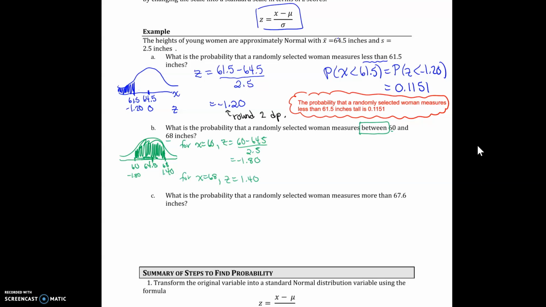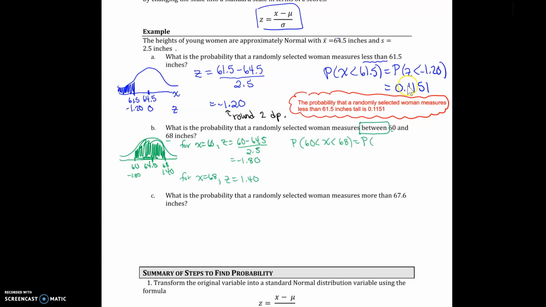Okay. Now that we have our z-scores, we can write our probability statements and solve the problem. So, the probability that a woman measures between 60 and 68 inches tall is the probability that our x variable is between 60 and 68.